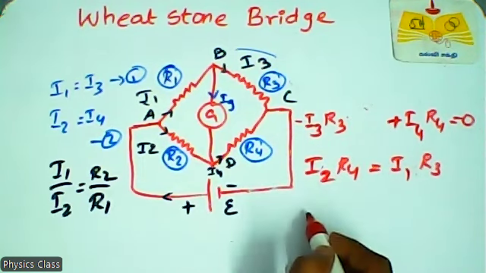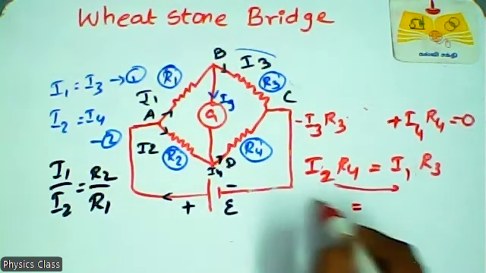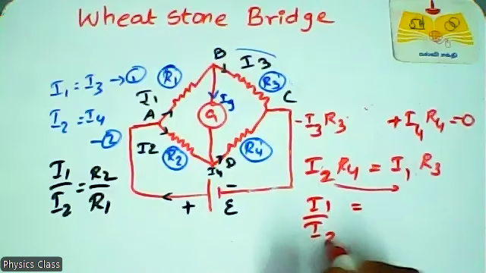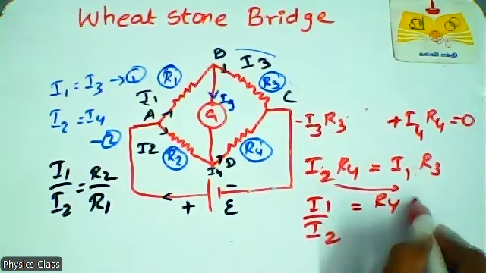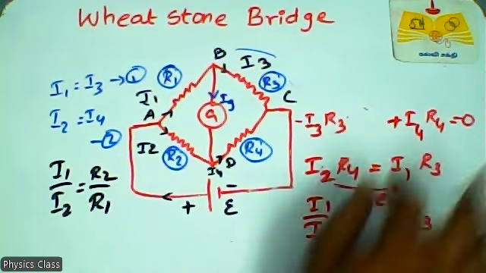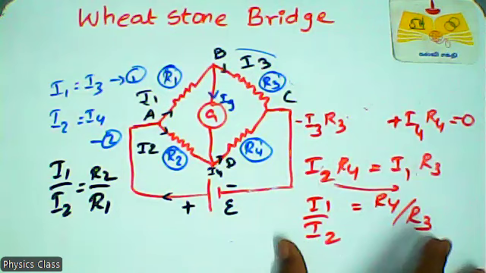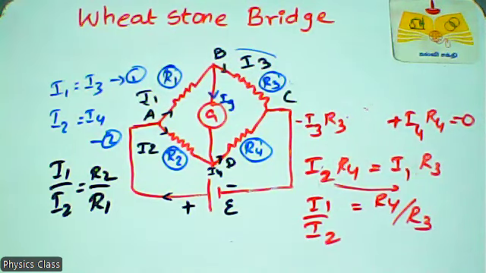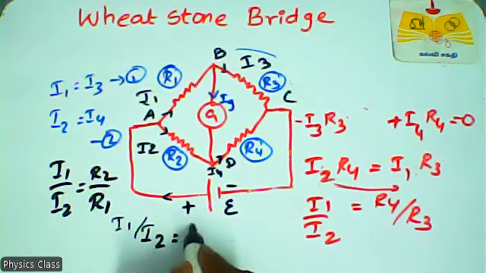So I2 goes here, giving I1 by I2, and R3 goes here, so R4 by R3. So here also we get I1 by I2 equal to R4 by R3.